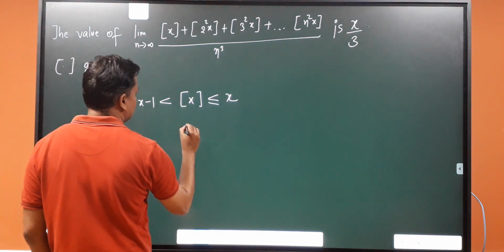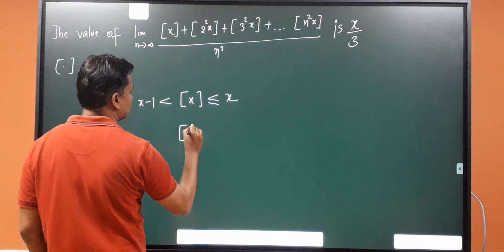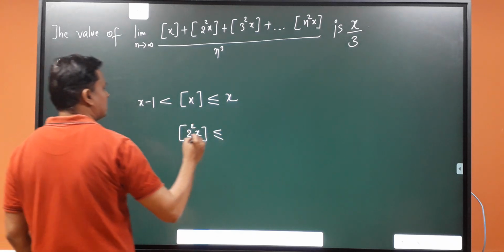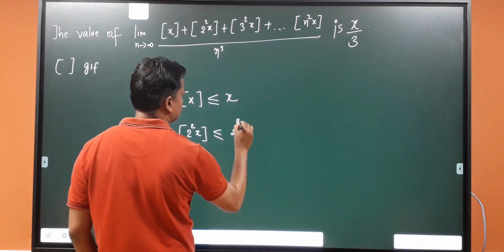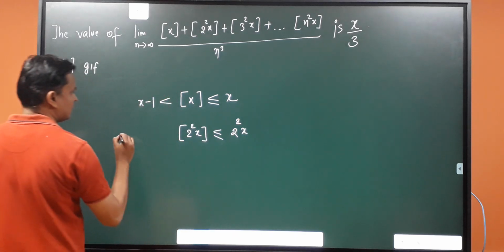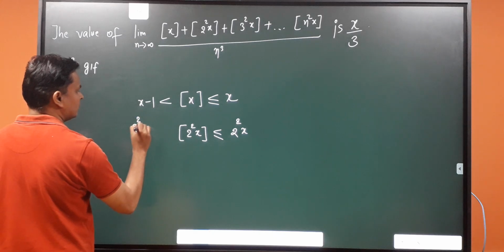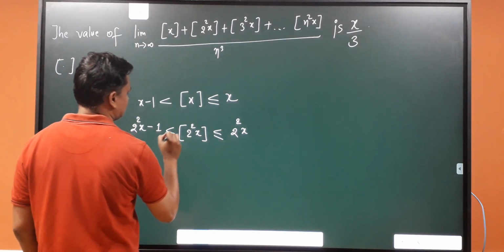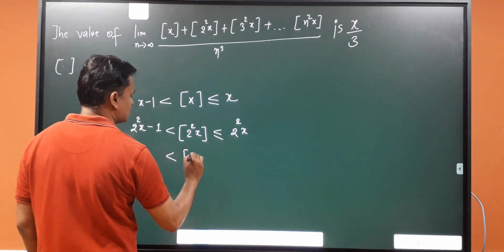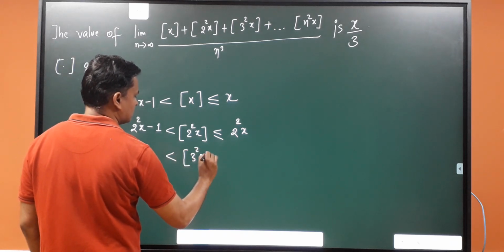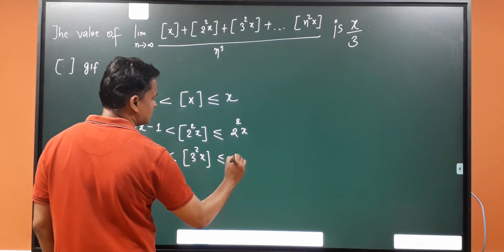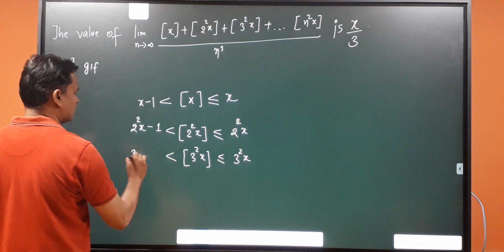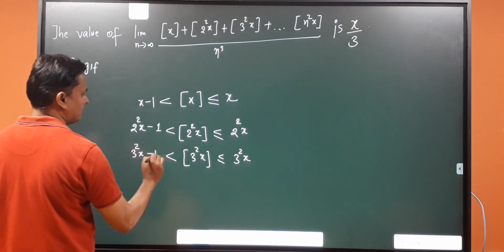Now if I take another term 2² x, what can I write? I can write it less than or equal to 2² x and greater than 2² x minus 1. If I write 3² x, then similarly we can write 3² x and 3² x minus 1.